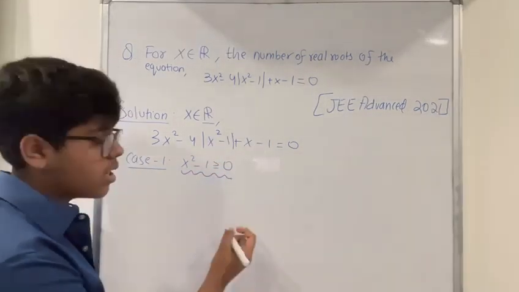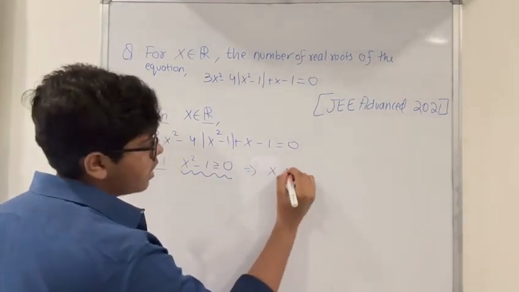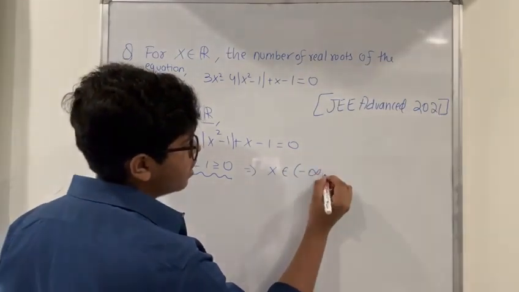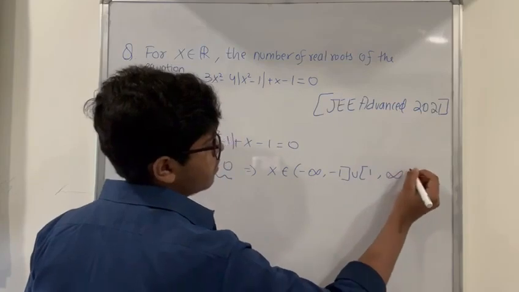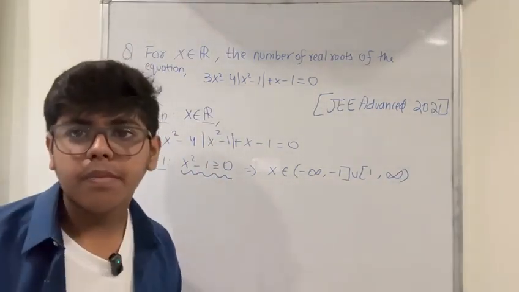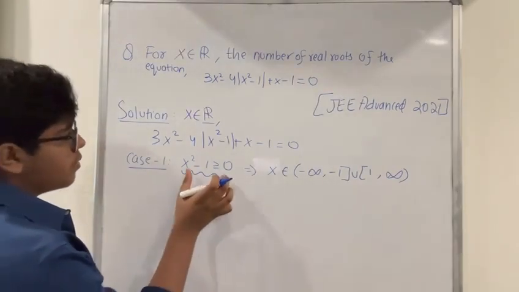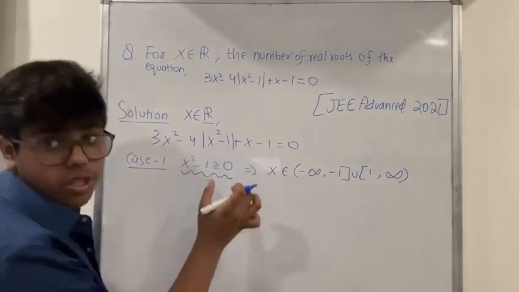Now clearly in this case, if we solve the inequality, we get that x has to belong in the range minus infinity to minus 1 union 1 to infinity, including minus 1 and 1, right? So in this case we assume this to be positive, so the mod wouldn't really make any changes to the equation.